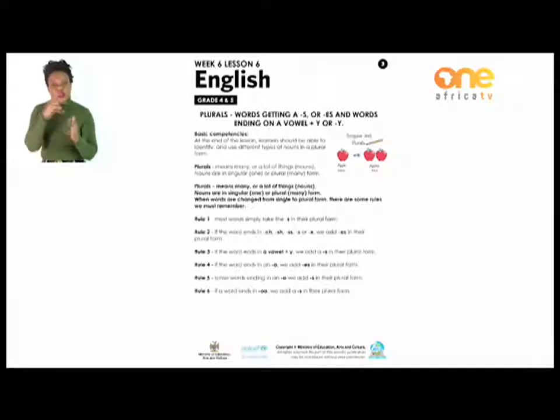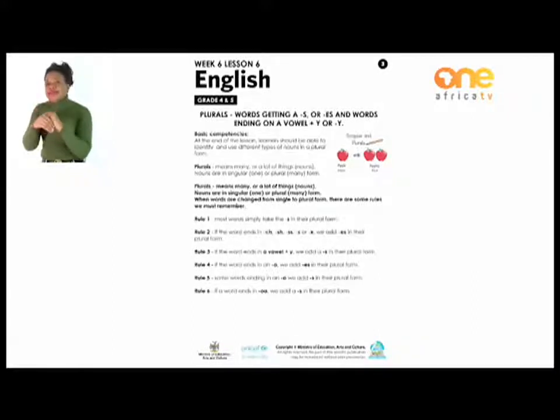Number 3, if the word ends with a vowel and a Y, we add an S. If the word ends in an O, we add ES. Some words ending in an O, we add S in their plural form. There are also other nouns that end with double O, we simply add an S.